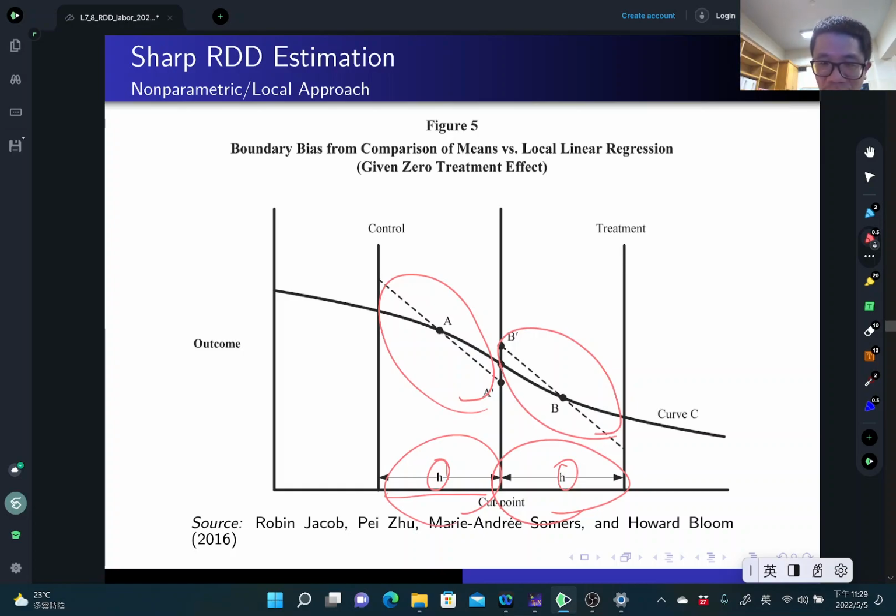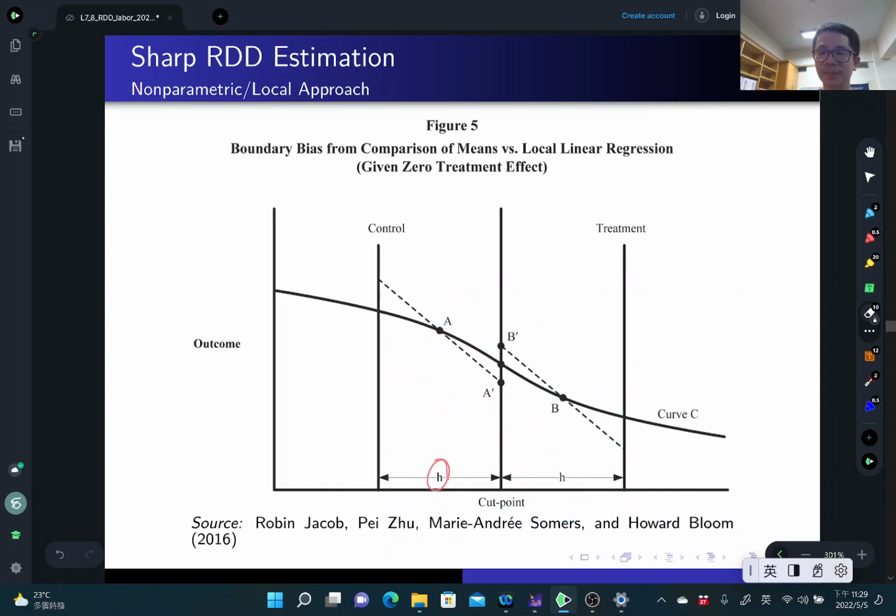For example, the average outcome here is A, and here the average outcome is B, above the cutoff. So the estimate you get is from comparing A and B. So you get a very large discontinuity. But actually, at the cutoff, there's no discontinuity.